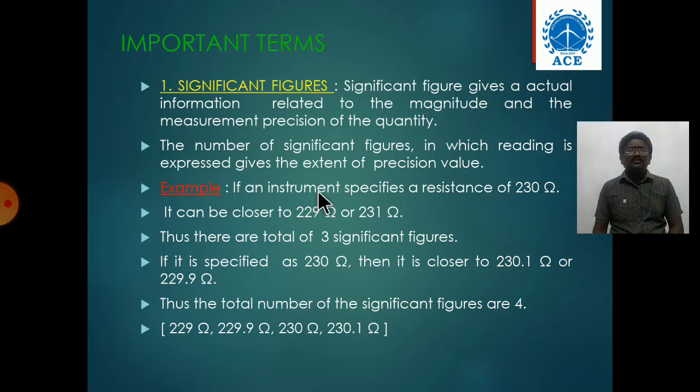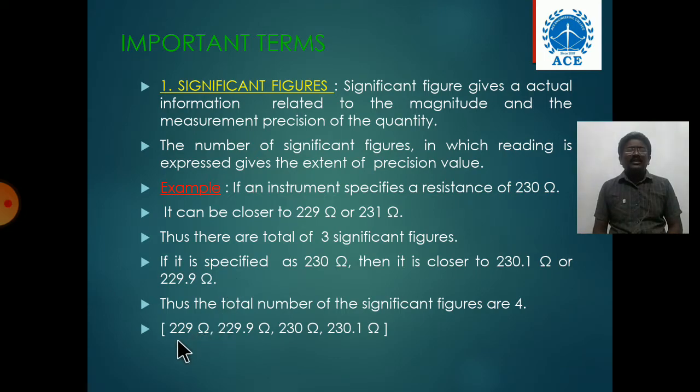Suppose one instrument specifies a resistance of 230 ohms. Now here 230 is closer to 229 and 231. So that means this has three significant figures. If it is specified as 230.1 ohm or 229.9 ohm, then in this case the total number of significant figures is 4.